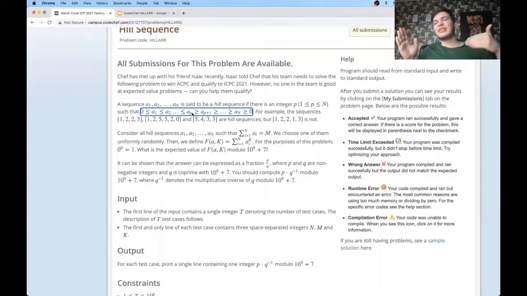Maybe it can also be in one of the corners, but let's say it's somewhere in the middle. The sequence from the first element to this Pth element is non-decreasing, so it's kind of increasing, but you can also have equal values. And the sequence starting from this Pth element and going to the end, the nth element, is non-increasing, so it's kind of decreasing.